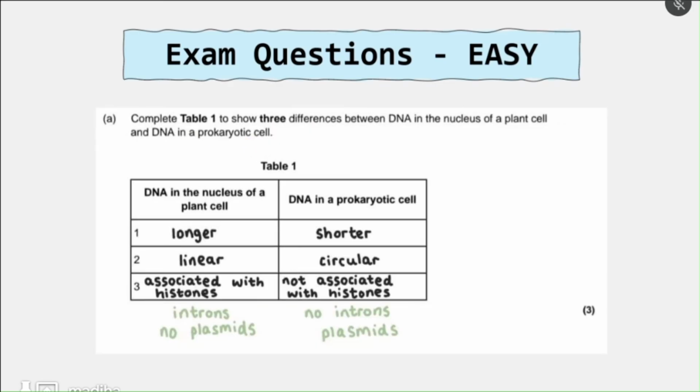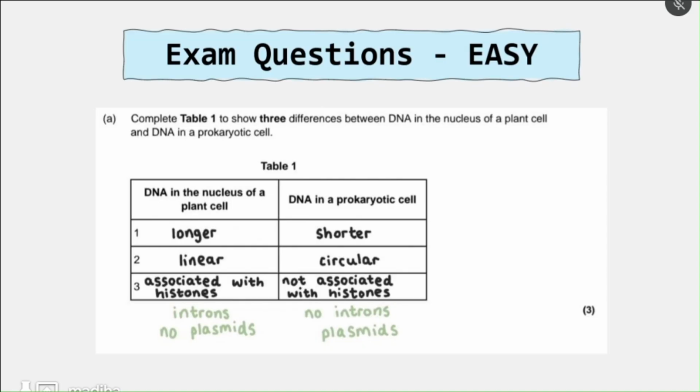First I'll go through my answer and then we'll go through the actual mark scheme to see any key points that are important, because with biology the mark schemes are quite harsh, so I want to make sure that you understand the mark scheme so that you know not to make any mistakes in the future. We've talked about this at the very beginning. We have DNA in the nucleus of a plant cell being longer.